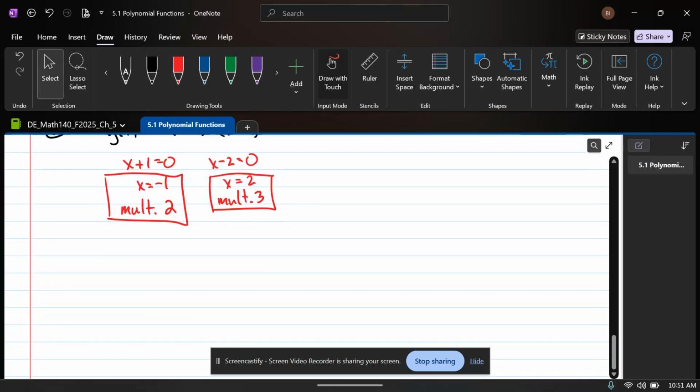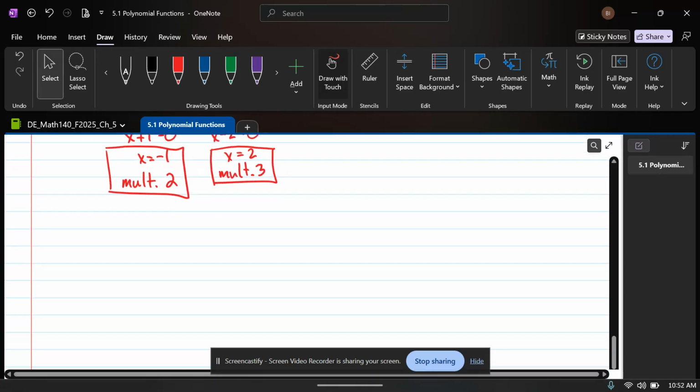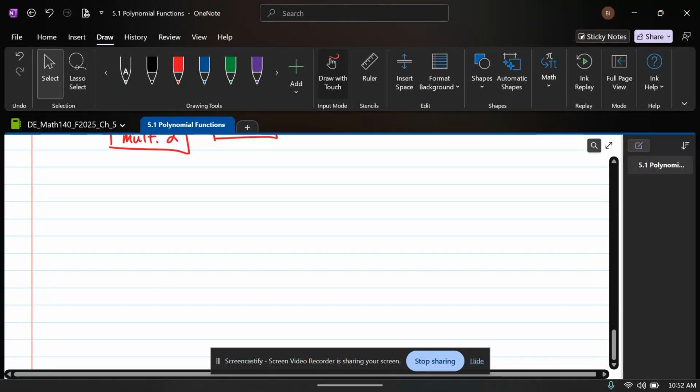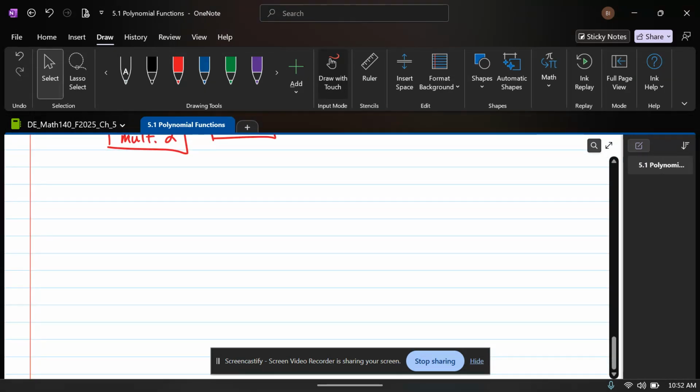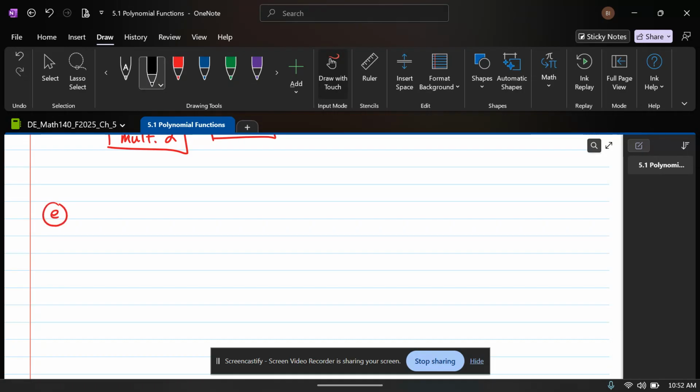Let's go the other direction, and let's start with the zeros or the x-intercepts and build a polynomial. So changing the rules here, or going in a different direction.